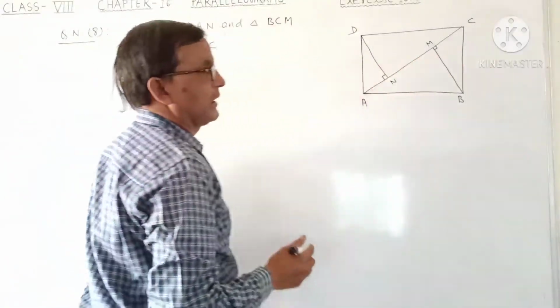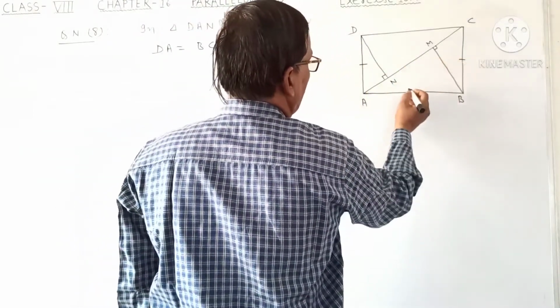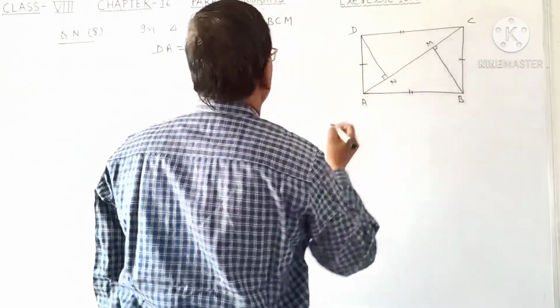Opposite sides of a rectangle, as it is, this side is equal to this side and this side is equal to this side. Given.